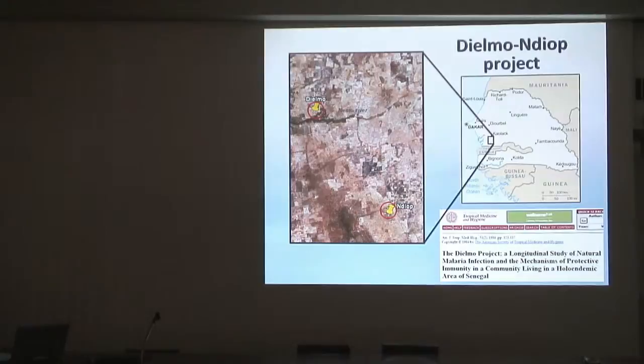Of course, it could be explained by the climate, but on the other hand, Q fever, tick relapsing fever, tick-borne rickettsiosis were discovered in Dielmo but not in Diop, and it's very hard to explain by the climate. And in this case, GIS could help to explain this phenomenon.